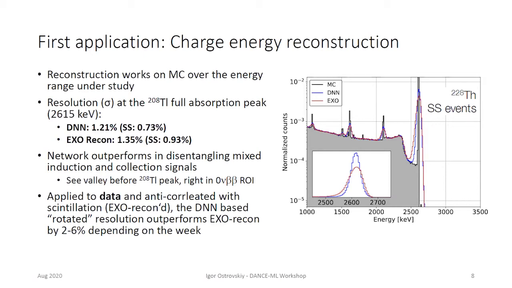Now, when we start looking to understand what exactly is happening, you can see here the Monte Carlo reconstructed by the traditional recon, called EXO, and by our convolutional neural network. You can see the improvement, and it actually happens in what we call the shoulder of the full absorption peak; these are thorium calibration events.